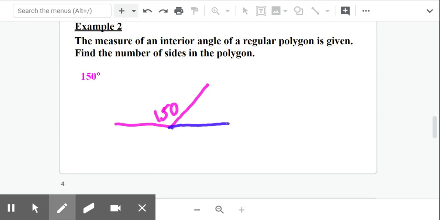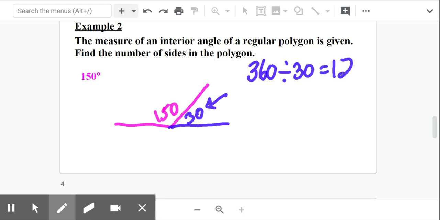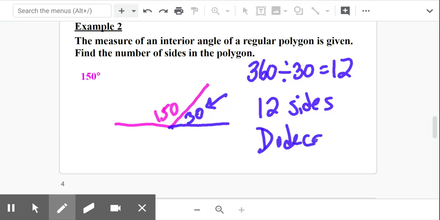If we have 150, then the exterior angle is 30 because that's a straight angle, which has to be 180 degrees. How many of these exterior angles are there? We know that they have to add up to 360. We divide by 30, and that gives us 12, which means this shape has 12 sides. It's also known as a dodecagon.